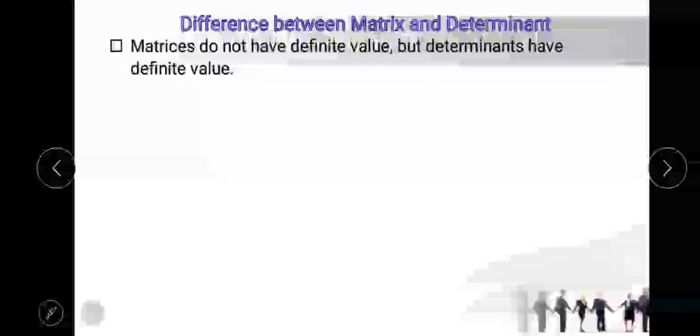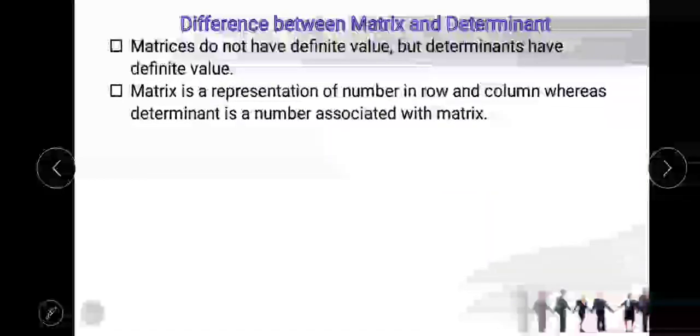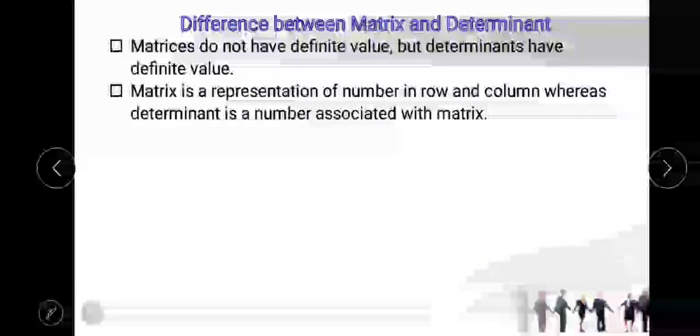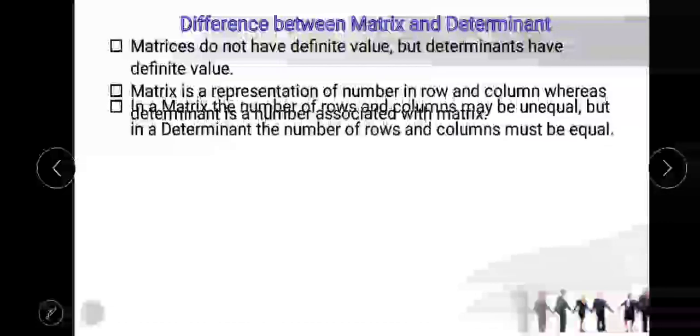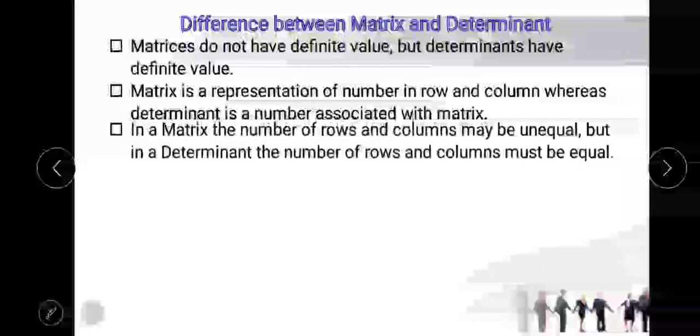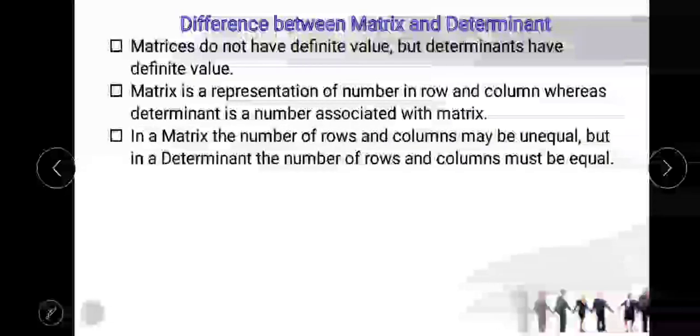Difference between the matrix and determinant. A matrix does not have a definite value, whereas a determinant has a definite value. A matrix is a representation of numbers in rows and columns, whereas a determinant is a number associated with a matrix. In a matrix, the number of rows and columns need not be equal, but in a determinant, the number of rows and columns has to be equal.